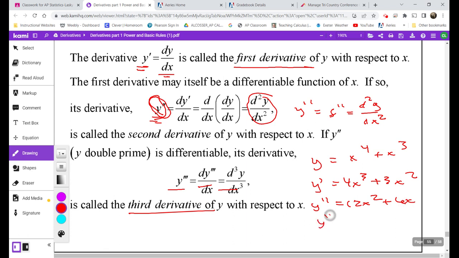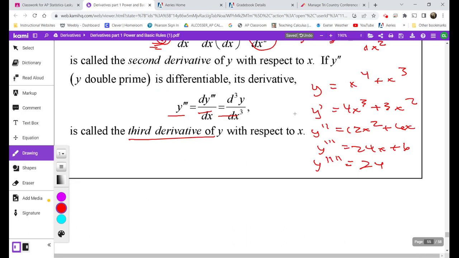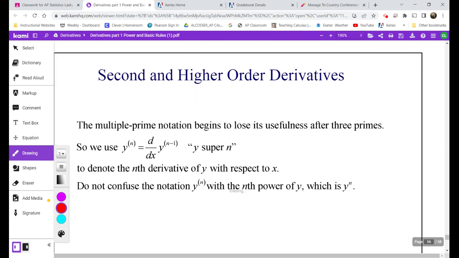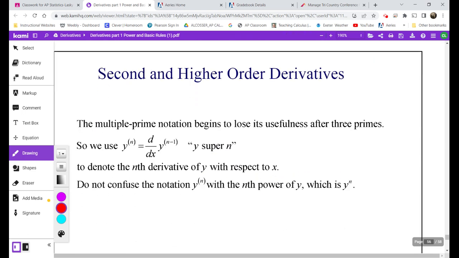Y triple prime, 24x plus 6. The fourth derivative, y quadruple prime, I don't know, is 24. So we can keep going until we're done. So that's all they mean by taking the first and second derivatives over and over again. Same idea here. We just can keep going over and over.